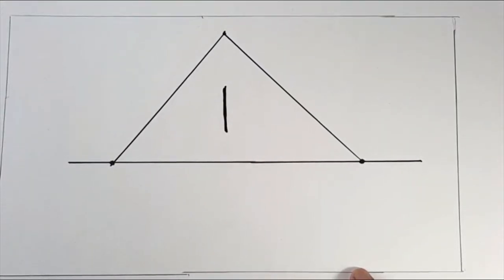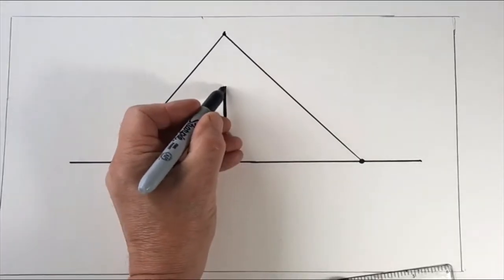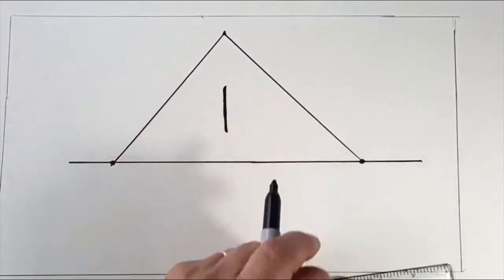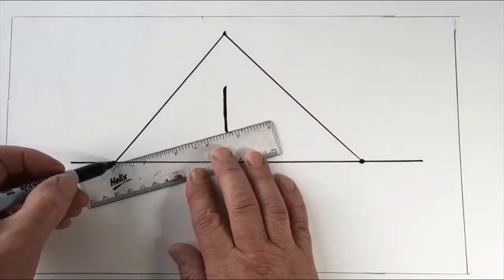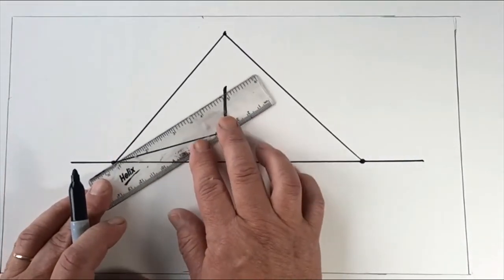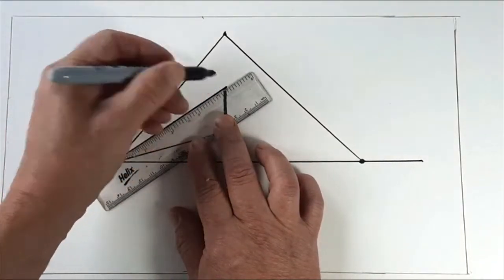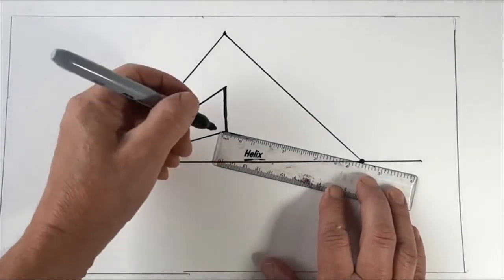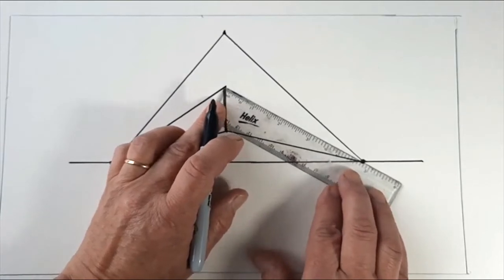So there's the corner of that box, and it's above our eye line. So in this case, you know that the lines will radiate down towards the horizon, or the eye line, as we did in reverse to the one we've just looked at. So I'm joining the bottom, sorry, and then the top of our box, joining the bottom of the box at that point and the top at that point.